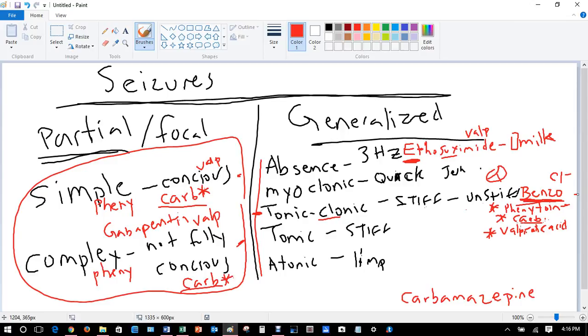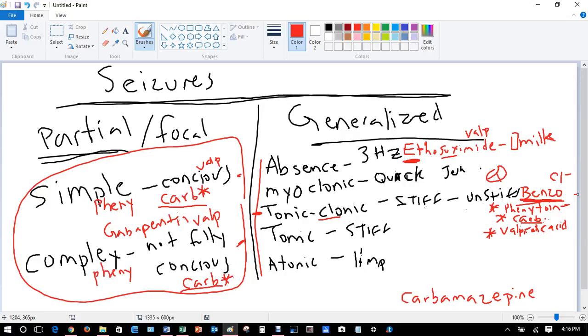Problems with taking this, though, is, again, similar to phenytoin, which had the diplopia. Carbamazepine also has some diplopia. Blood dyscrasias, and agranulocytosis and aplastic anemia. I won't go into the details of what those mean right now.